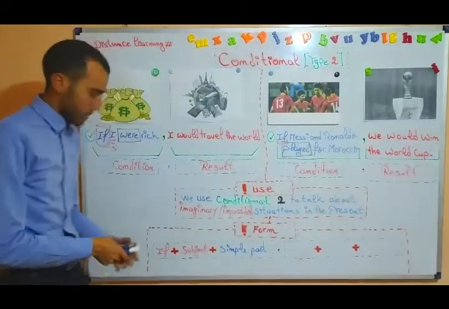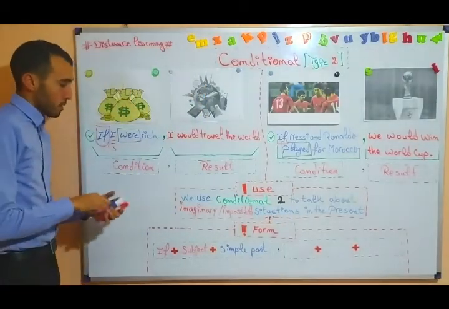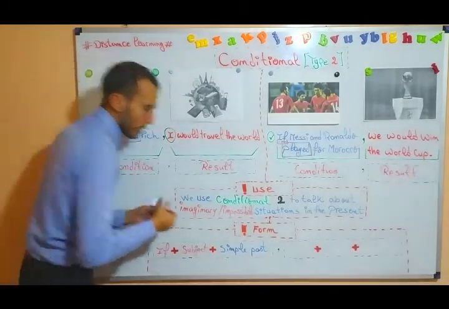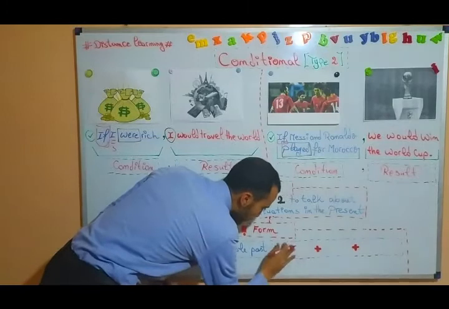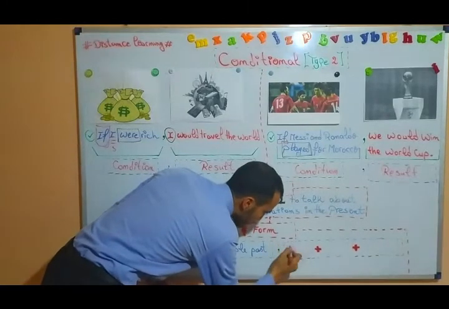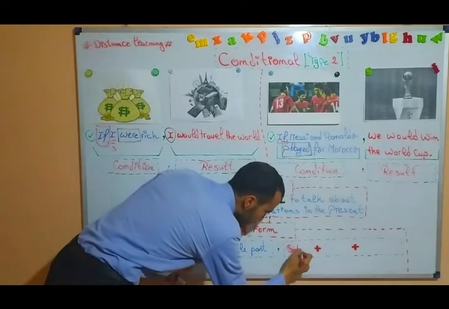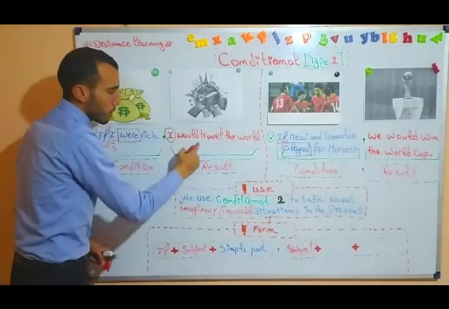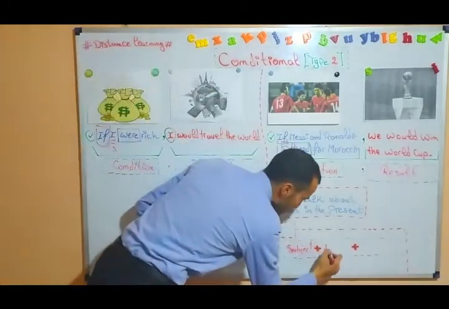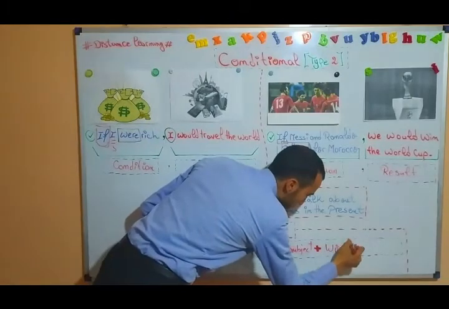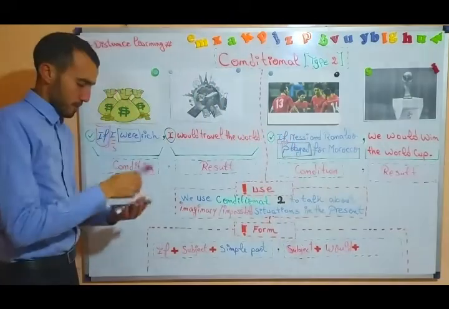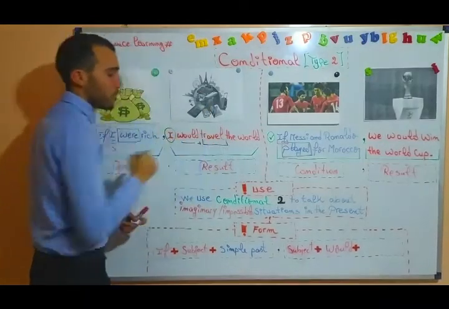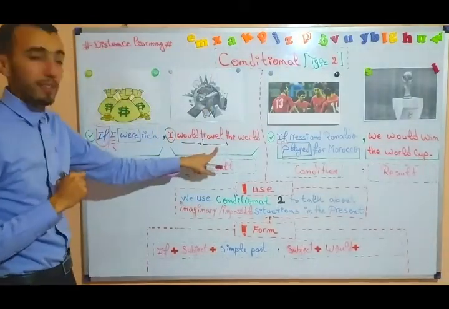So the second part starts with the subject, followed by the modal verb would plus the verb, which is the infinitive.